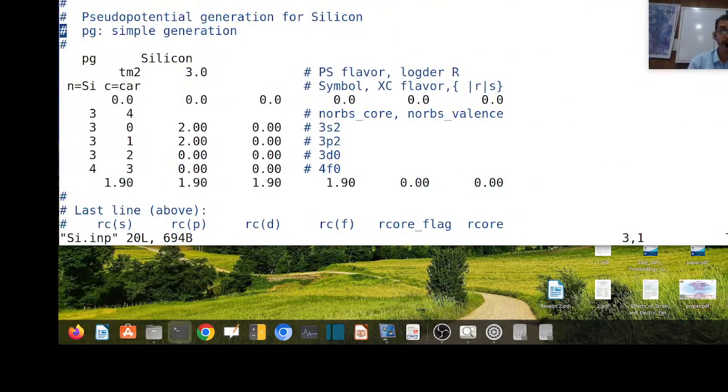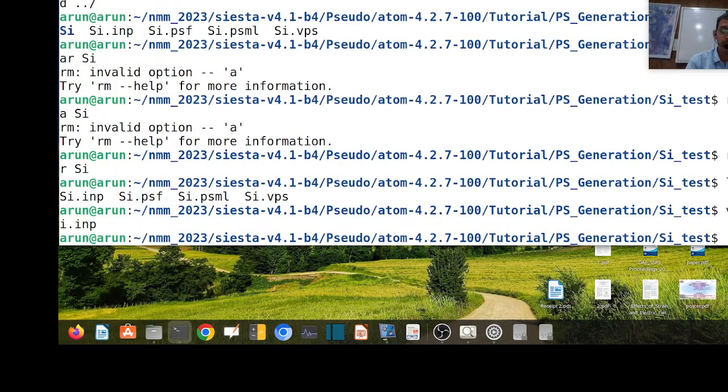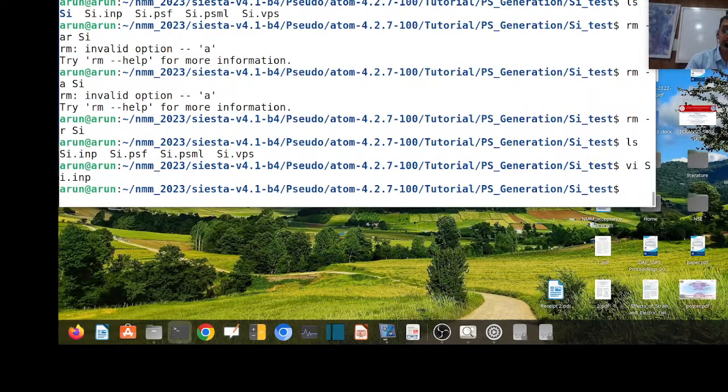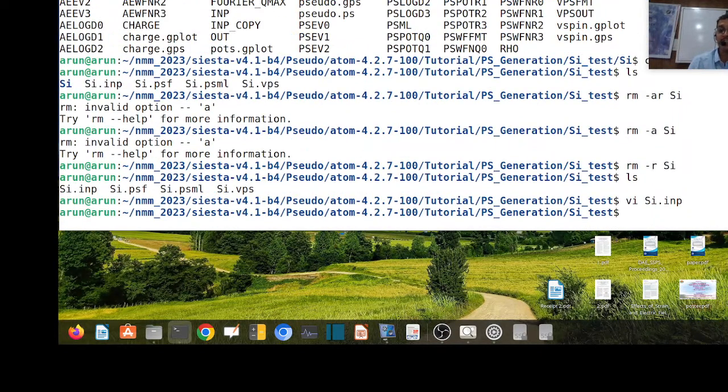In si.inp, you give a command PE. Rather than PG, now I am using PE. Let us see whether core correction will be there or not. So pg.sh, because the input file is already there, I am making the change in the same directory.